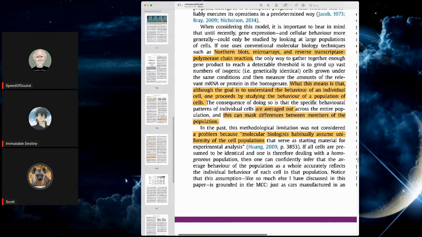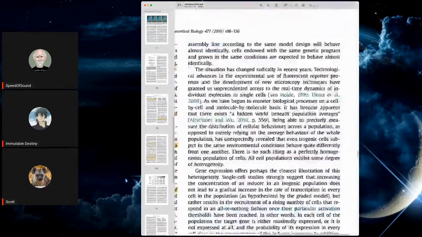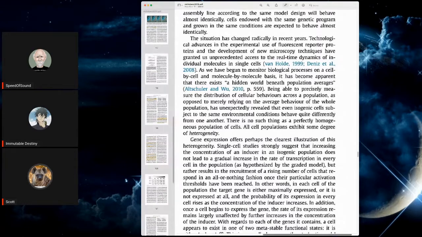Notice that this assumption, like so much else I have discussed in this paper, is grounded in the MCC. Just as cars manufactured in an assembly line according to the same model design will behave almost identically, cells endowed with the same genetic program and grown in the same conditions are expected to behave almost identically.